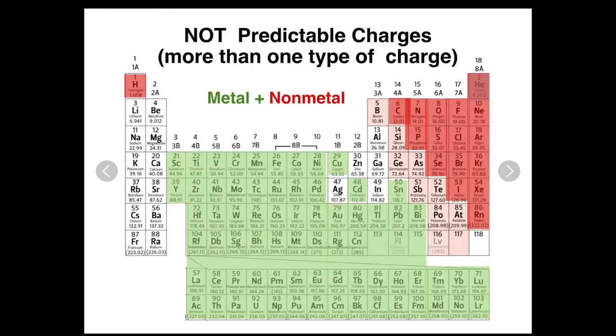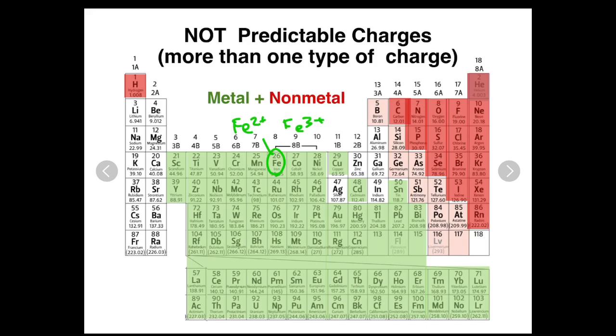Example of that, what I talked about earlier, would be iron, right? So iron can be iron with a 2 plus or iron 3 plus, right? So we already talked about that. So in this case, these types of metal that are not the main group element, which is part of the transition metal, and also lanthanide and actinide, these are going to be the metals that can have several types of charges.